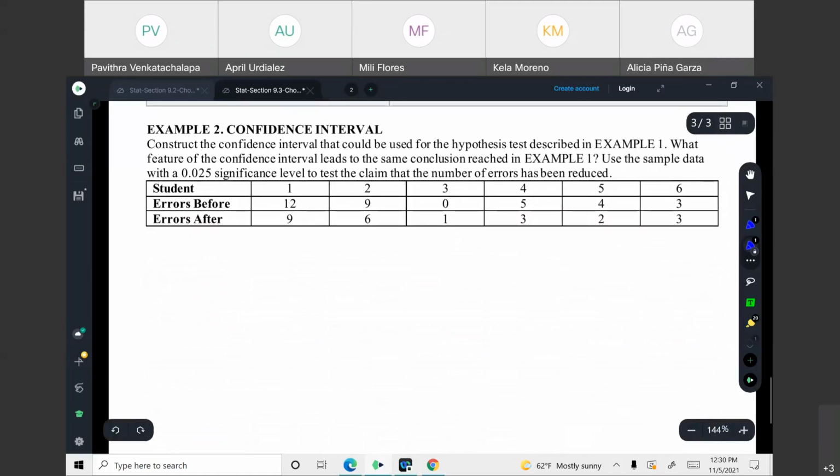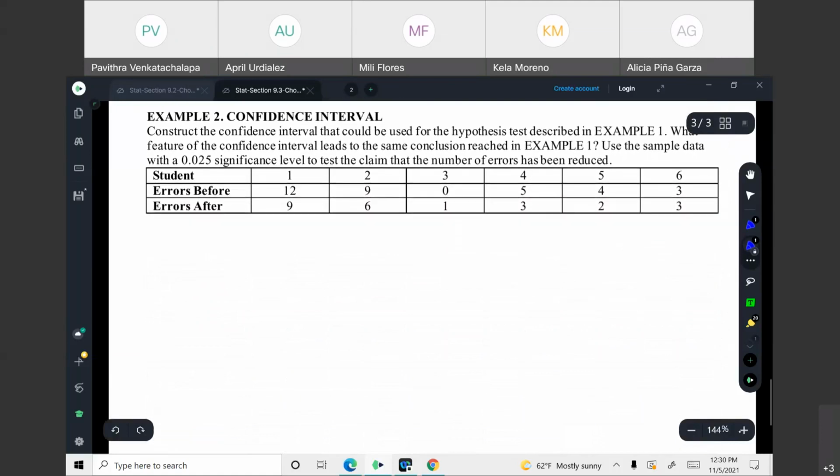Now we are using data from example 1, and we know that the differences are 3, 3, -1, 2, 2, and 0.